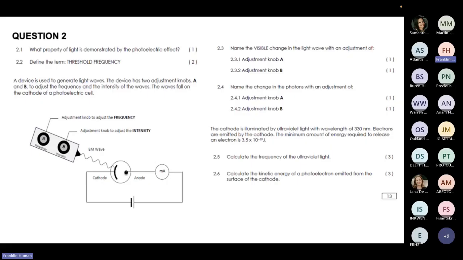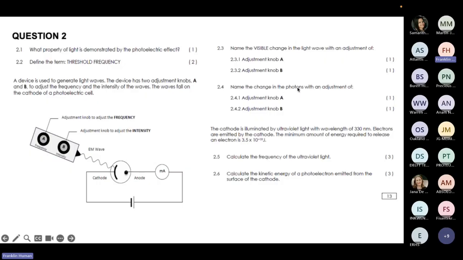Remember we said that the energy is quantized in light, right? There's a specific amount of energy per photon, right? Okay. So let's keep that in mind.